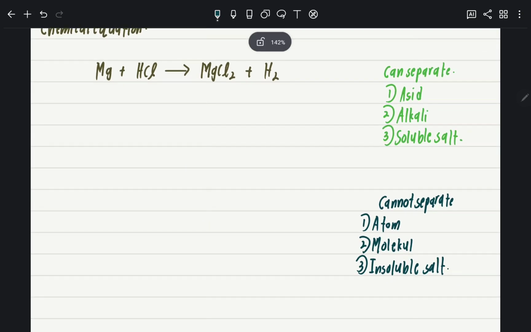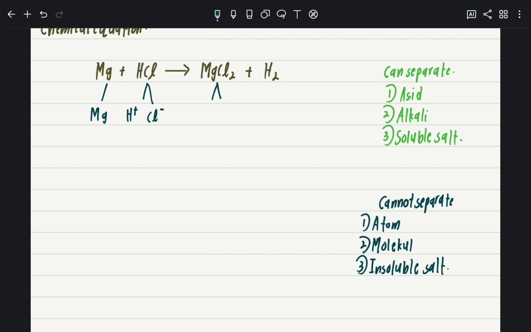Based on this, look at magnesium, it's an atom, so can you separate? Cannot, so just write magnesium again. And this one, HCl, is an acid, so can separate: H plus and also Cl minus. Then this one, magnesium chloride, is it a soluble salt or insoluble salt? It is a soluble salt. Right? If it is an ion you can separate, but you have to check whether it is a soluble or insoluble salt.